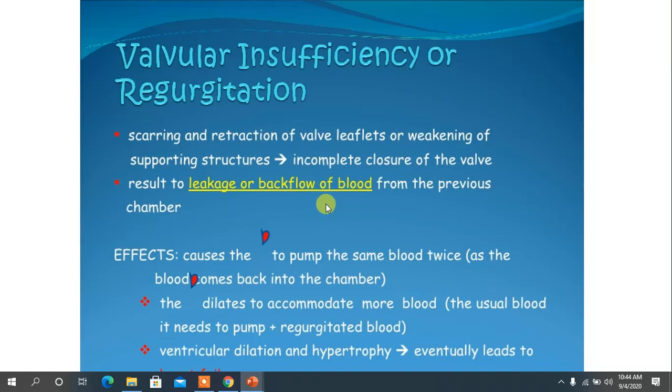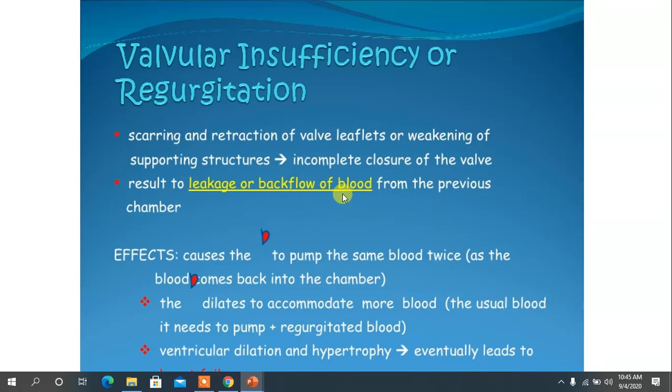Say there is damage to the tricuspid valve, to the chordae tendineae or papillary muscles of the right ventricle. When the right ventricle contracts to push the blood into the pulmonary system through the pulmonary valve, the blood will flow back through the damaged tricuspid valve into the right atrium, and then the right atrium will enlarge.